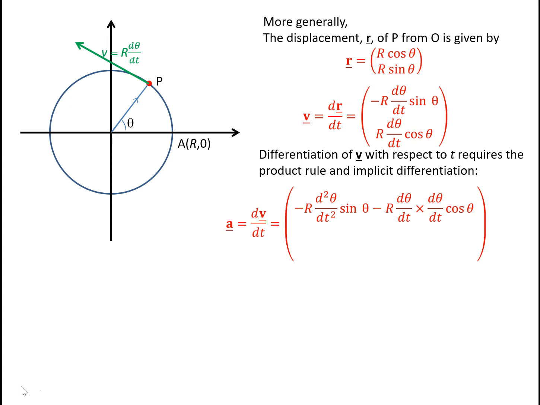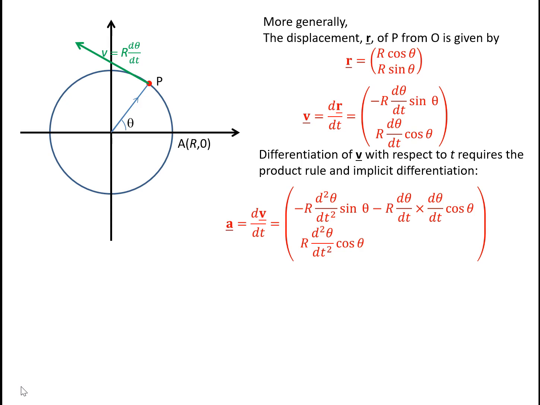And again, with the y component of the velocity, we've got to differentiate that with respect to t. So that's going to require the product rule. First of all, we differentiate r dθ/dt, and that's going to give me r d²θ/dt². So the first part of our product rule is going to be r d²θ/dt² times cos θ. Then we must differentiate the cos θ part and leave the r dθ/dt part alone.